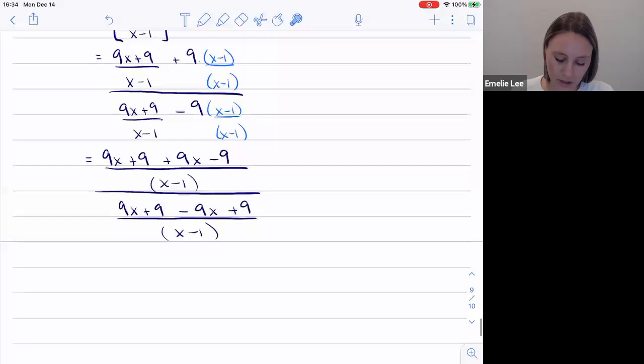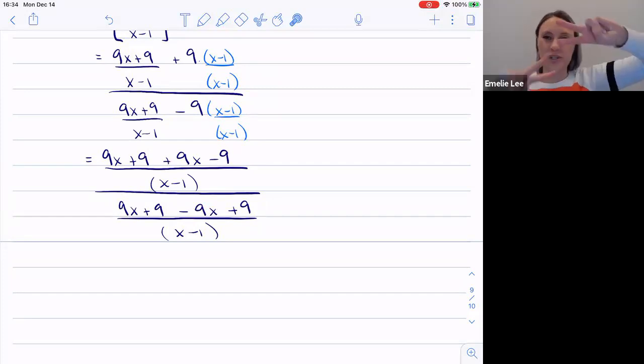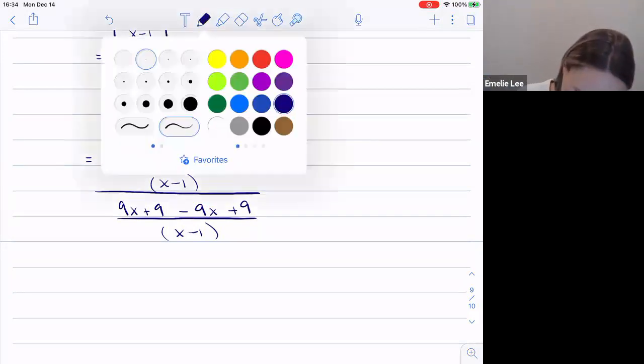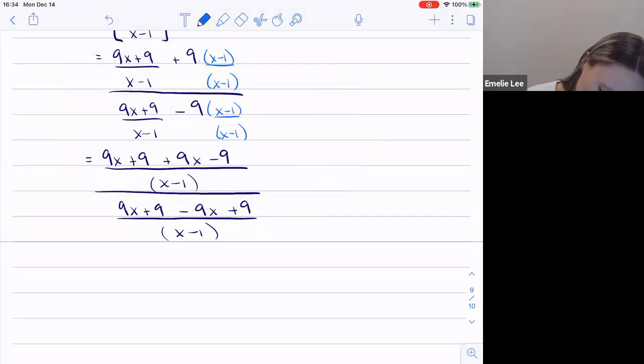Okay, so what I'm going to do is cancel as much as I can, right? 9 minus 9 goes away, and 9x minus 9x goes away. And then I'm going to be left with a simpler fraction over a fraction, which I need to flip and multiply. I know you guys love fractions.